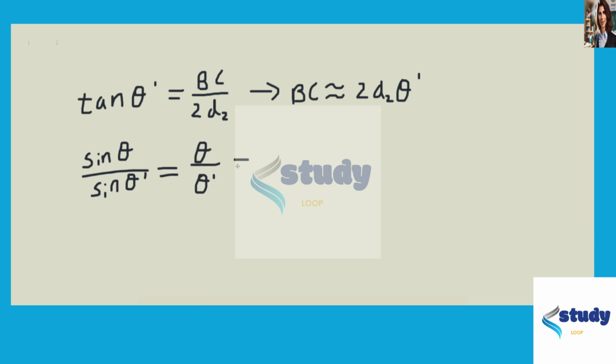According to Snell's law, this is equal to the index of refraction of water, N sub W, divided by the index of refraction of air, N sub A. So we can solve this for theta prime, and we see that theta prime is equal to theta divided by N sub W, which is 1.33, times N sub A, which is 1, so it's just theta over 1.33.